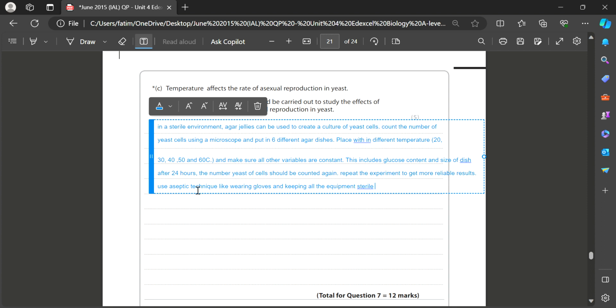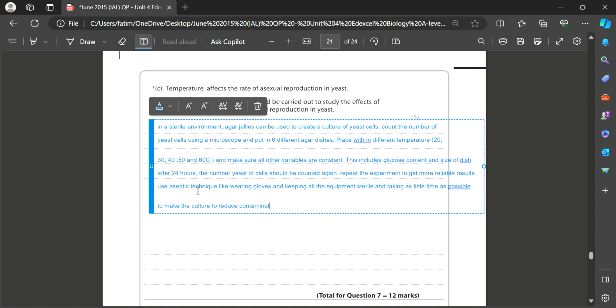And taking as little time as possible to make this culture, because the more you delay it, the more risk of contamination. Take as little time as possible to make the culture to reduce contamination.